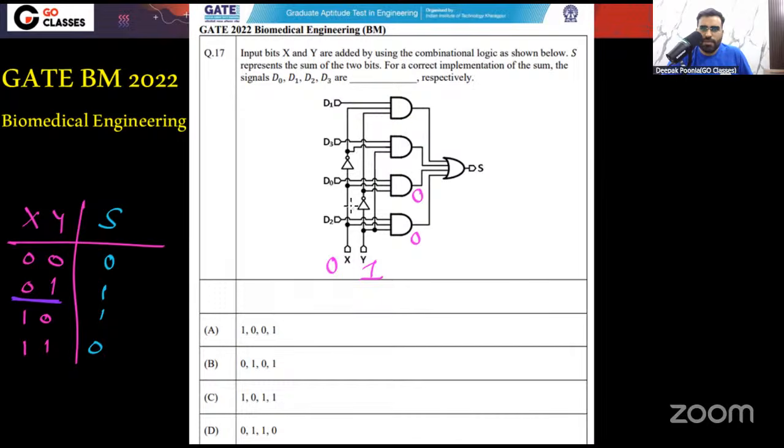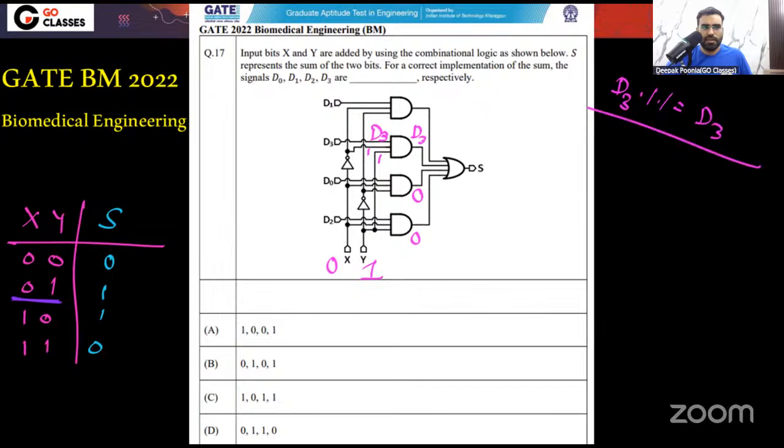For this AND gate, one of the inputs is y, another input is x bar, because x is 0 so x bar will be 1, and the third input is D3. So this AND gate output actually will be D3, because D3 and 1 and 1 will be D3.